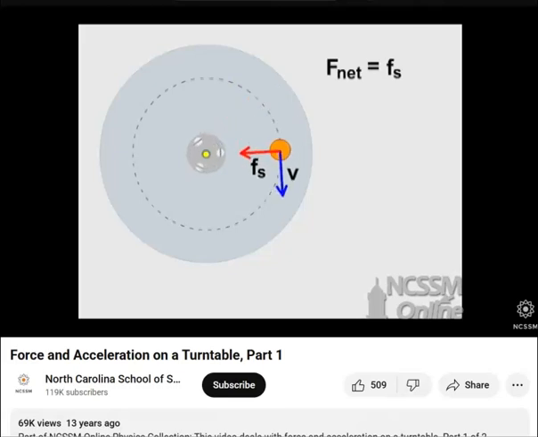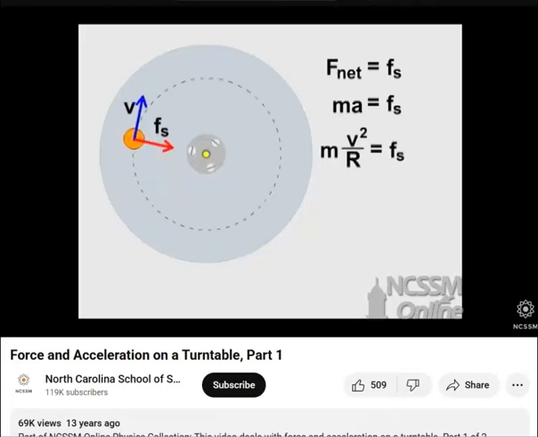It's staying on, and it's going around in a circle because of the friction occurring between the object and the turntable that it's sitting on. And the centripetal force, which is shown here on this diagram as Fs, that centripetal force is causing.